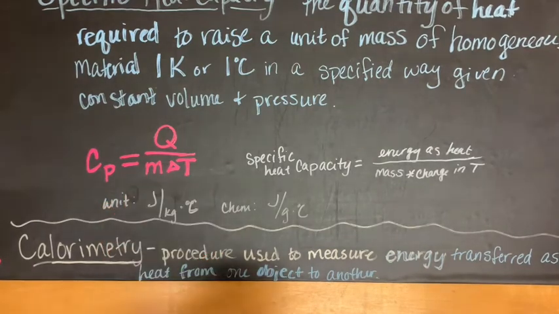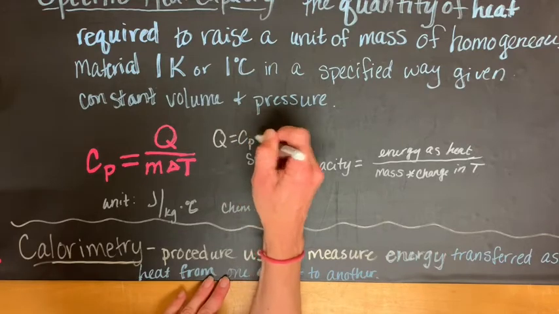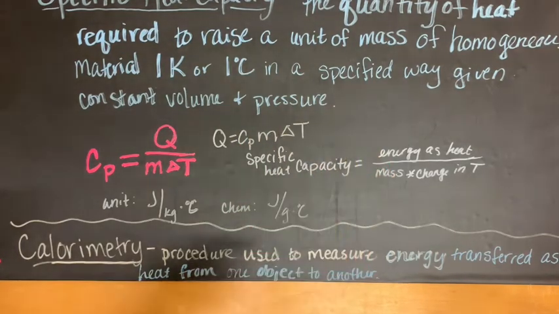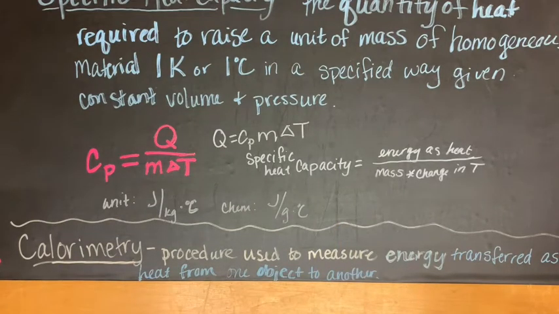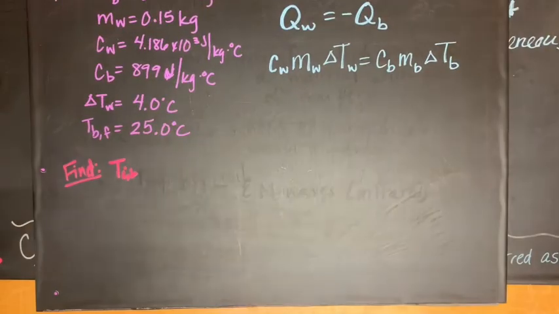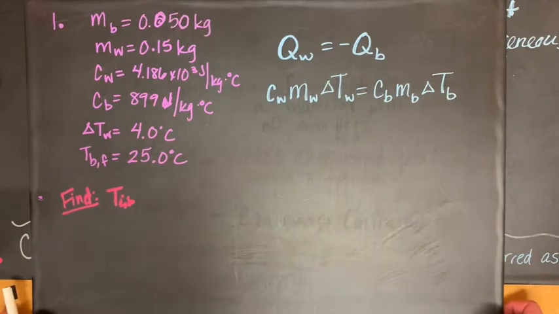If we rearrange for heat, you have Q is equal to the specific heat capacity times the mass times delta T. You should have used this in chemistry. I know we do it in physical science too. And it's a pretty simple equation. And we're going to look at it in our first example problem.